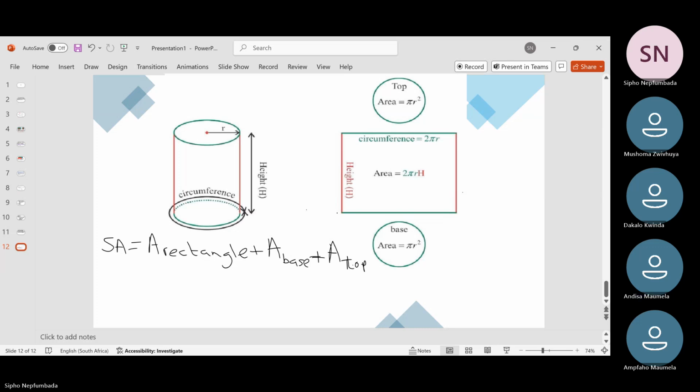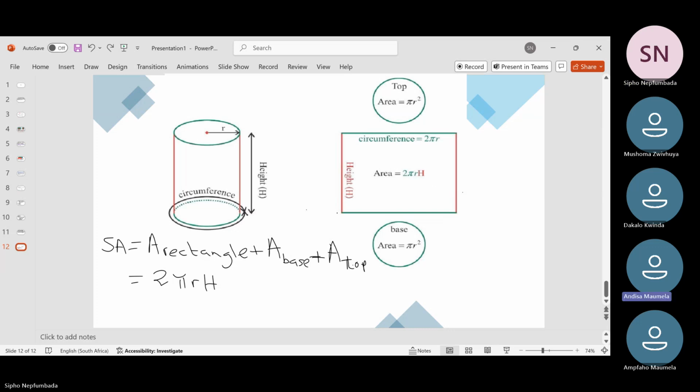Yes. So this is going to be equal to 2 pi r h. Did you see that? Area of a rectangle. Are we good?